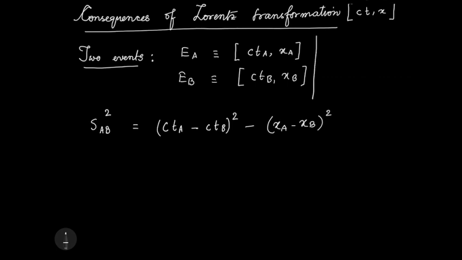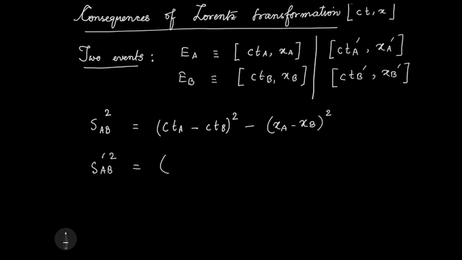Now these two events, if I see them from the other reference frame, I can call them with a prime. Just like we always call the other inertial reference frame, prime. And I can also calculate this quantity. Remember that the events are A and B. The coordinate measurements are done from one reference frame here, another reference frame here.